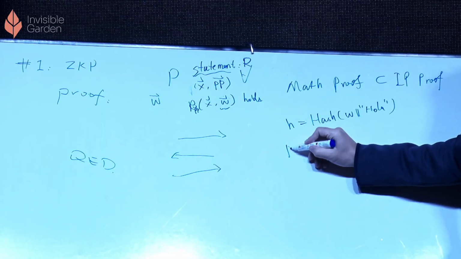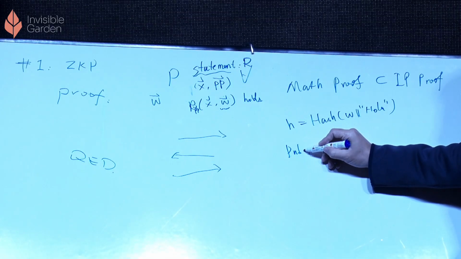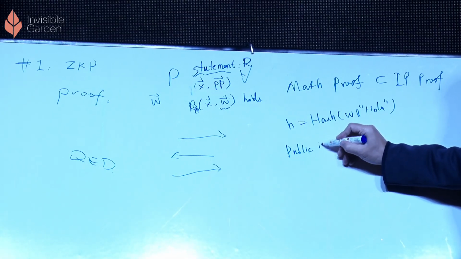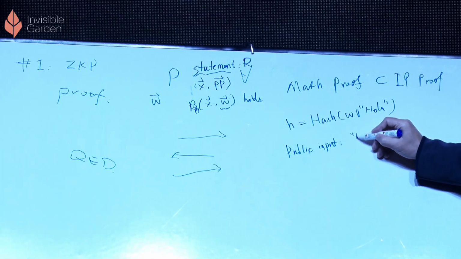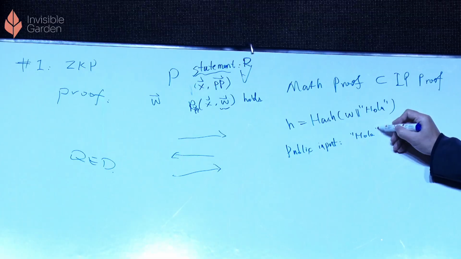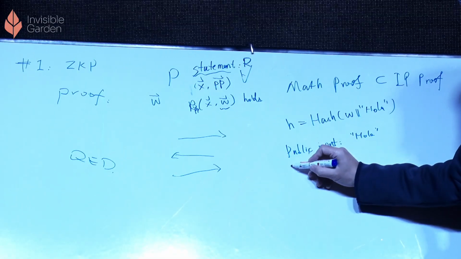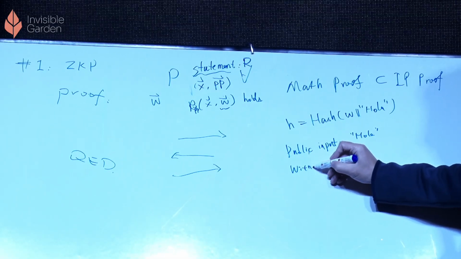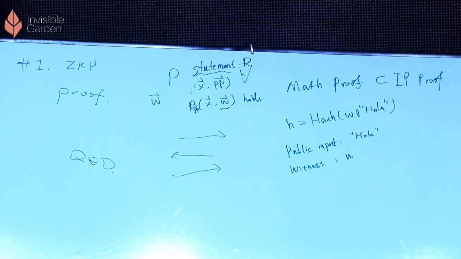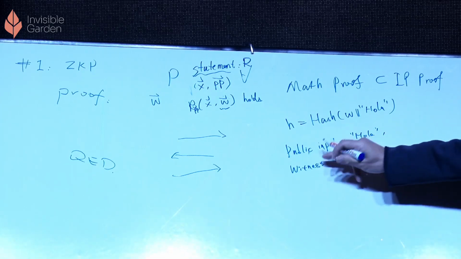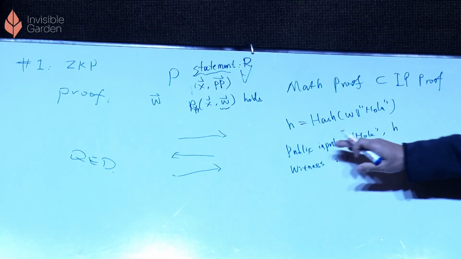Here the public input is the string. And what is the witness? The witness is W, something that the verifier doesn't know. And h is also a public input.